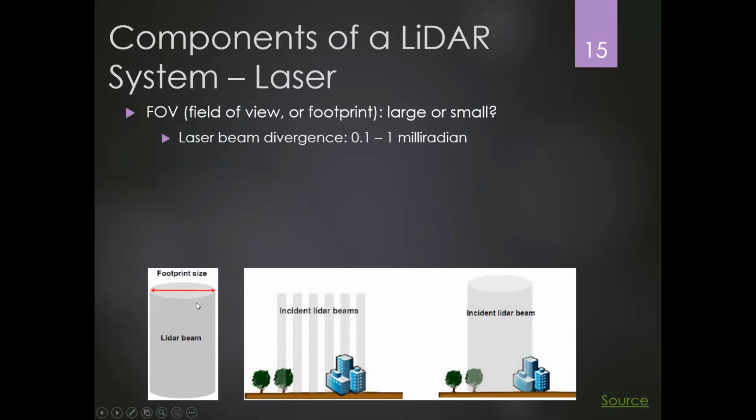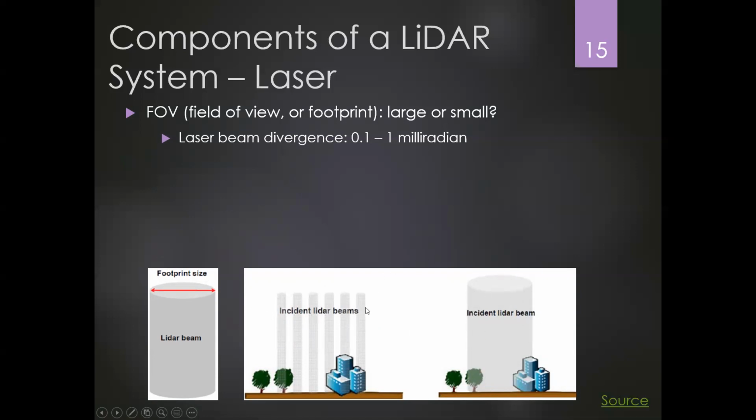It has a specific thickness or footprint size. If the size is pretty small, we have multiple laser beams within this area. If the size is pretty large, the FOV of this beam is pretty large, then within the same area we have fewer laser beams.